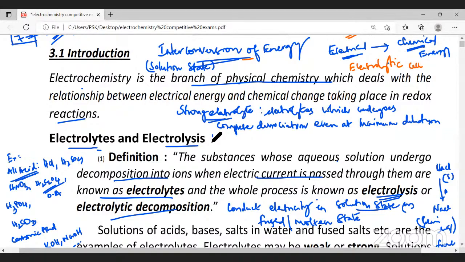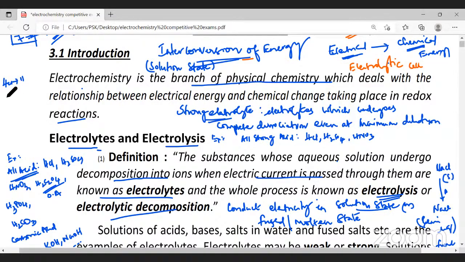Now, what is the example for strong electrolyte? All strong acids. When we say all strong acids, only three acids we know, that is H2SO4, HCl, and HNO3. Hydrochloric acid, sulfuric acid, and nitric acid. These are the three strong acids. All the other acids are what? Weak acids. So all strong acids are examples for strong electrolyte, because this HCl will undergo complete dissociation to form H plus and what?